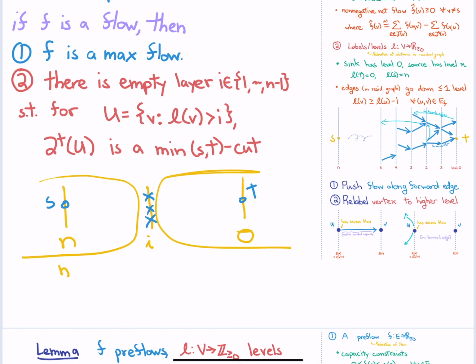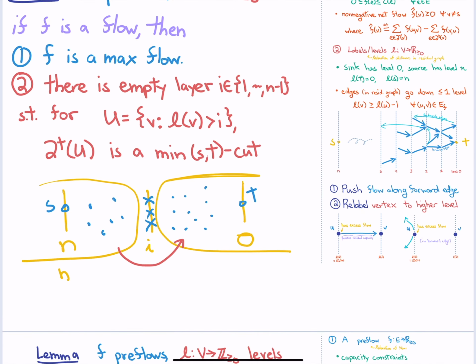There's some vertices on one side, vertices on the other. Originally, whatever the total size of the flow is, it's going across from one side to the other, because it's coming out of the S side and it's all going to the T side. That we know.